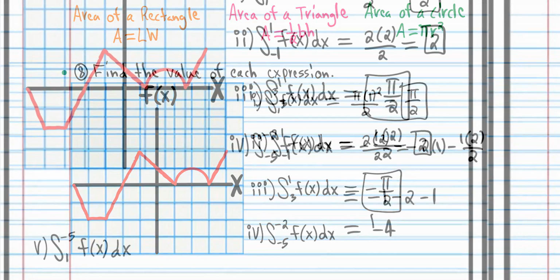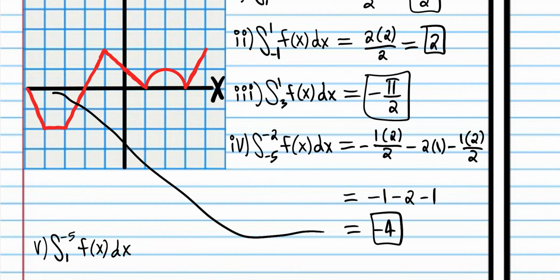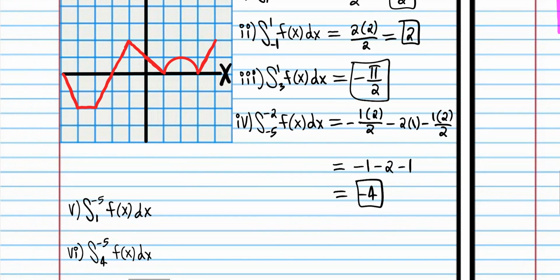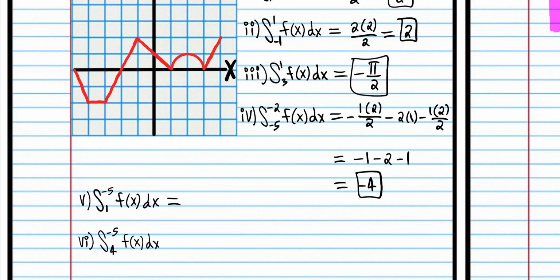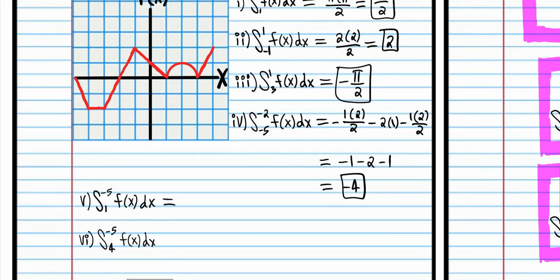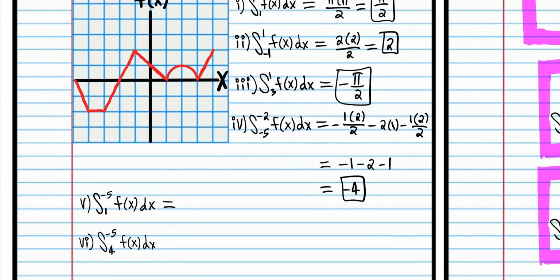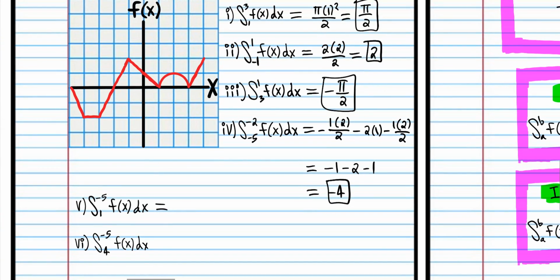Okay, we're back. So -4 was the area of this trapezoid part there. Okay, so now we're going to find the area between 1 and -5.